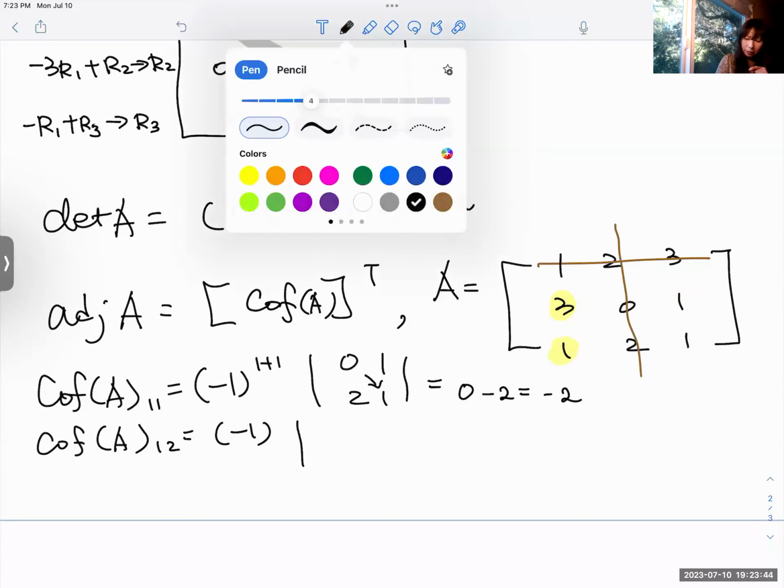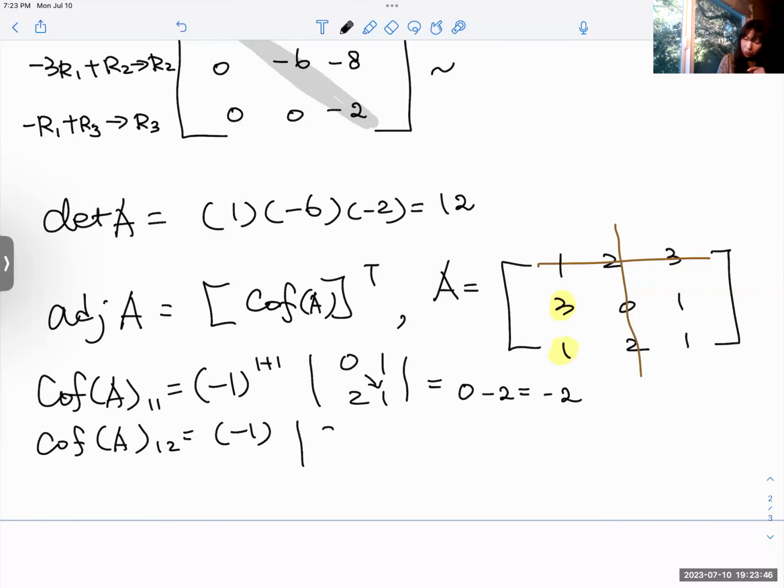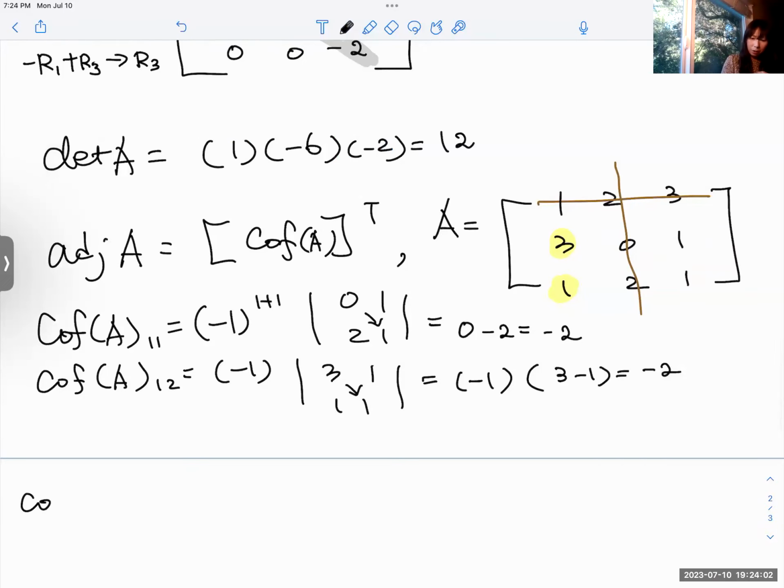We get 3, 1, 1, 1. Please correct me if I make a mistake. It's negative, and we multiply this with 3 minus 1, which is -2. Yes, good.